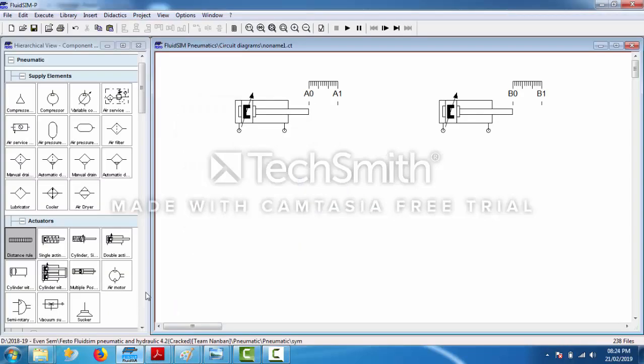These four pneumatic switches will tell us whether piston A is completely inside or completely outside, and whether piston B is completely inside or completely outside. So this part is done.